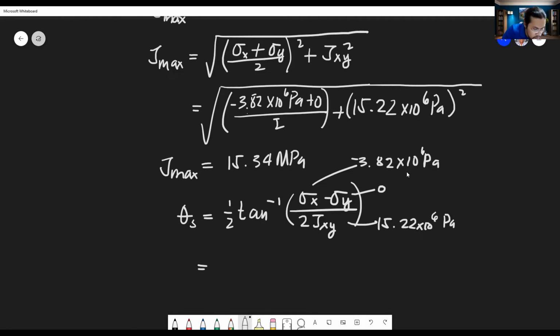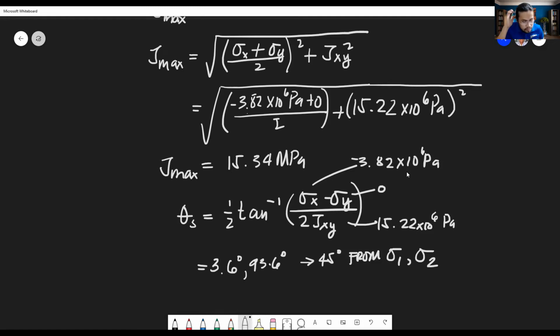Solving for that, we get 3.6 and 93.6 degrees, because they're 90 degrees apart, and this is actually 45 degrees from the principal stresses.